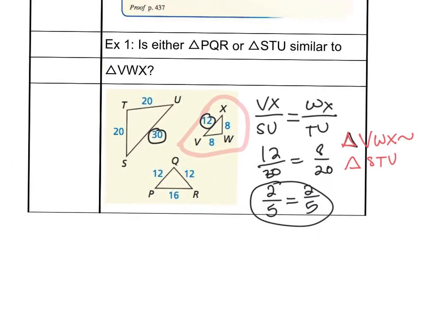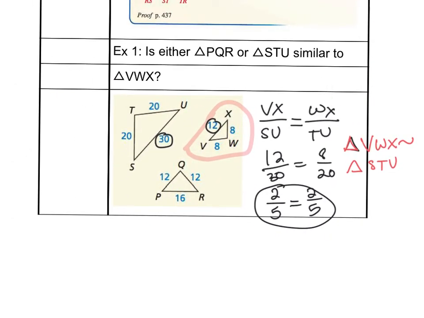So now we're going to go ahead and do it to PQR. Same thing. We're going to go to the largest side, so VX over the largest side of PQR, which would be PR. And you should always write the letters in the same order as they are written in the description of the triangle. So VX, because V is the first letter in how we labeled my triangle. Same with the P and the R. So VX over PR needs to be equal to, let's just keep WX for the sake of consistency, and then QR on this one.